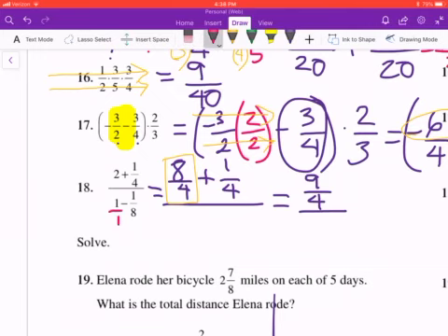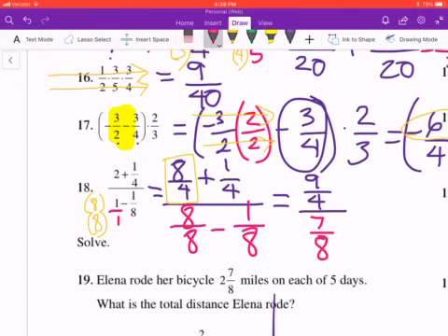But we want them both to have an 8. And so what I'm going to do is multiply by 8 over 8. And that will give me 8 over 8. And then the second fraction will just be minus 1 over 8. Now they both have the same denominator, so this will be 7 divided by 8.